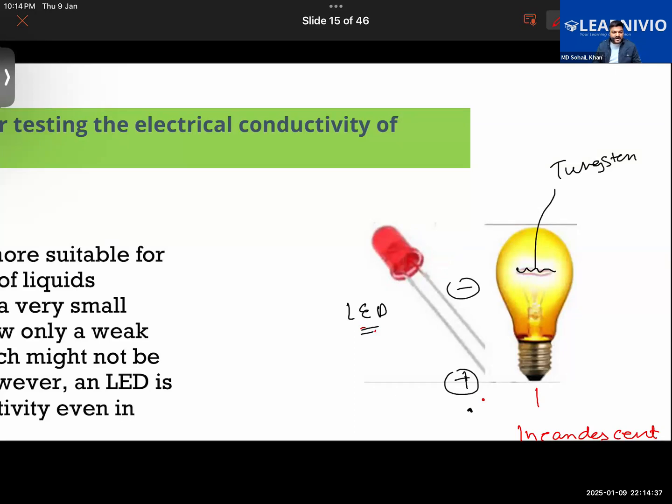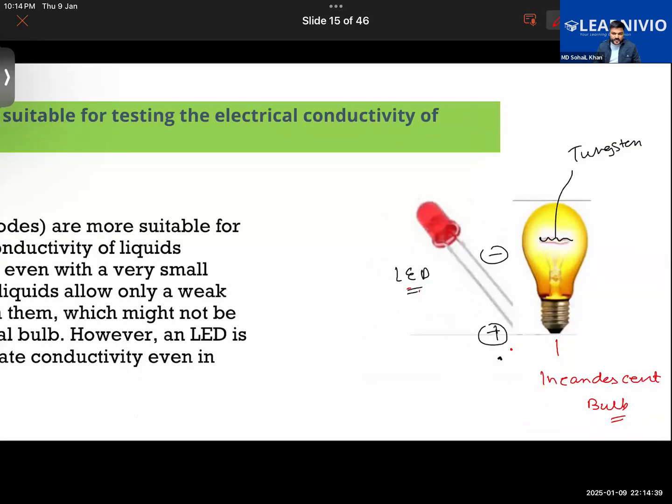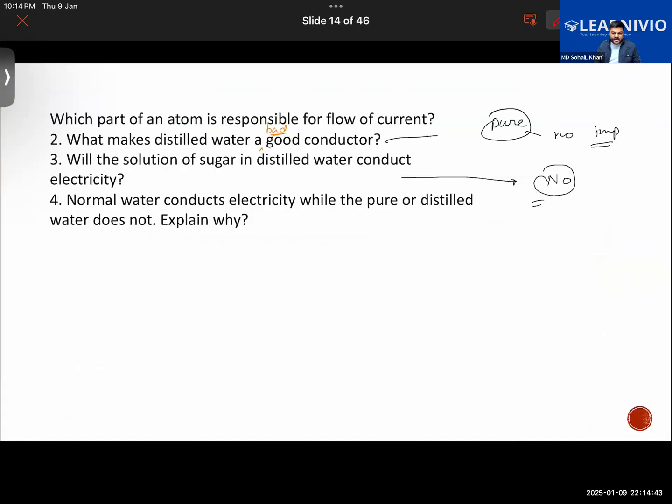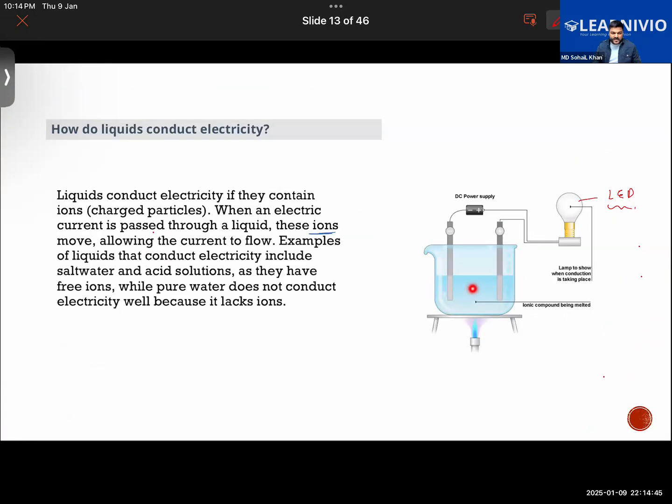But how is it related to this topic? Suppose, for example, this is a weak electrolyte, a weak conductor of liquid. Even that will be spotted, that will be identified. Even if it's a weak electrolyte, it will allow a little flow of electricity through it.